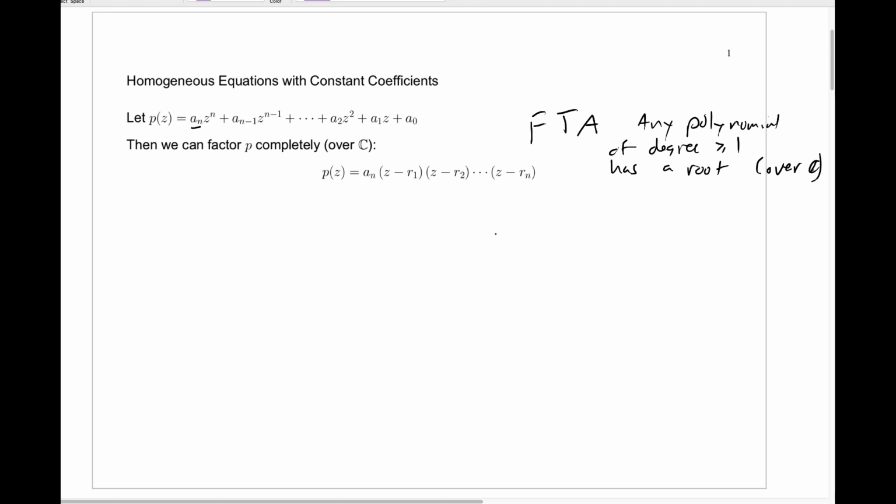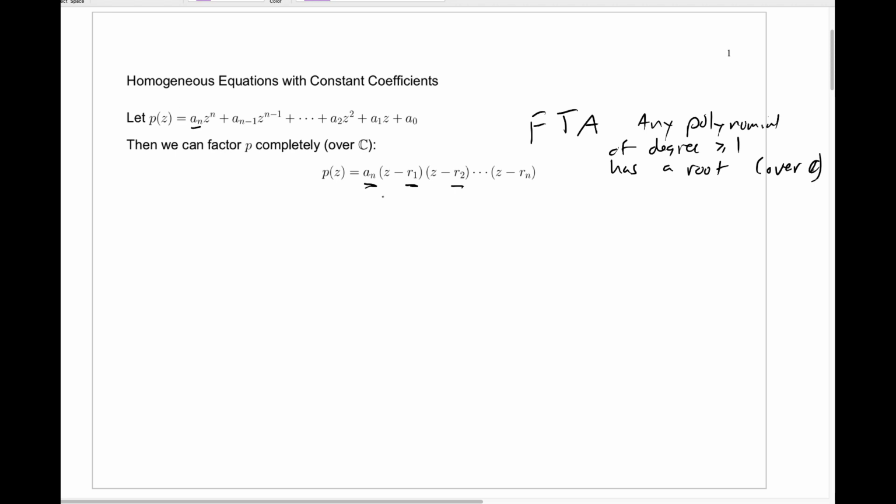The fact that an nth degree polynomial has one root means we can take this polynomial, find one root, say r1 is a root, then we can factor out this linear factor z minus r1 from the polynomial, and what will be left will be an n minus first degree polynomial. And then that will have a root, say r2, and we can factor that out. And we can keep going until we get down to a constant, say the constant a_n.